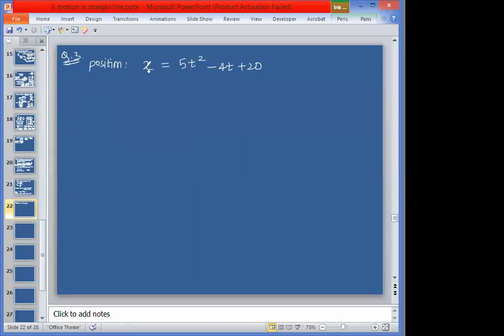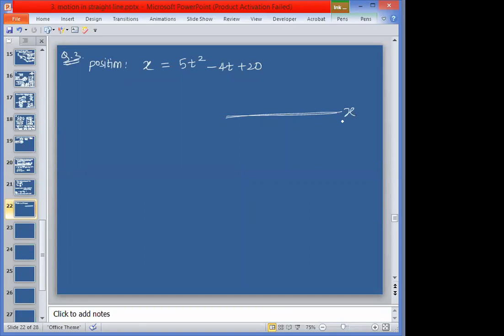The particle is moving only in one dimension, which means in only one direction, and that direction is x. Maybe forward, maybe backward, but the particle is moving in the x direction only.